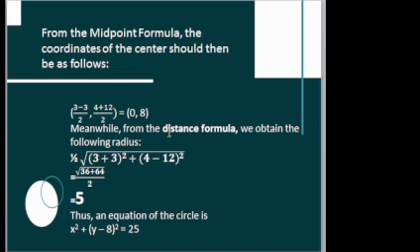So we have here the 1/2 of the square root of 3 plus 3 squared plus 4 minus 12 squared. So it becomes 3 plus 3 because 3 minus negative 3 is the same with 3 plus 3.